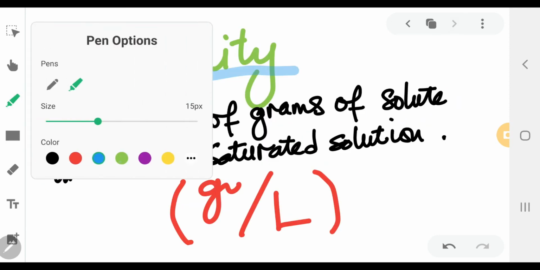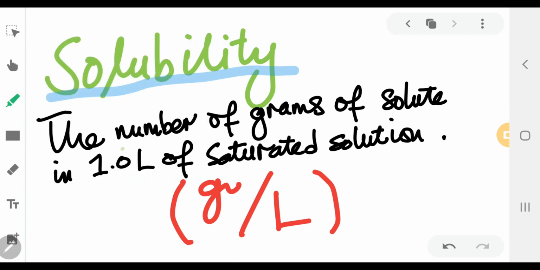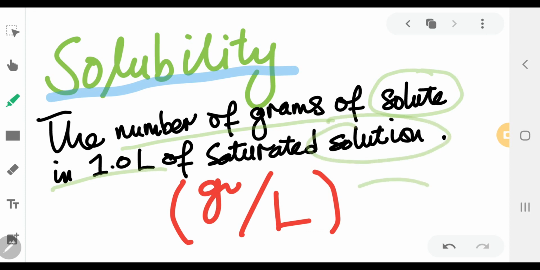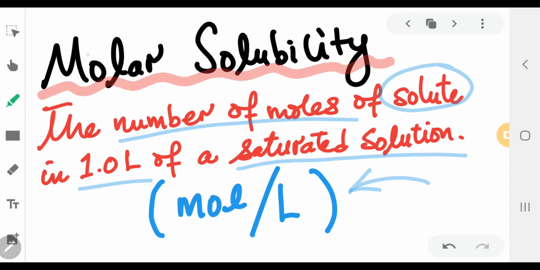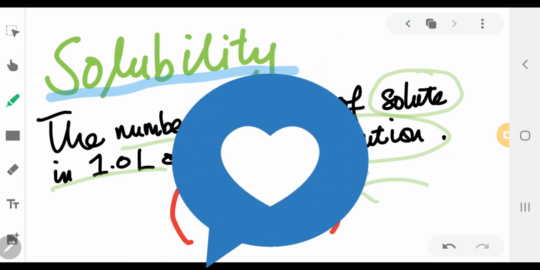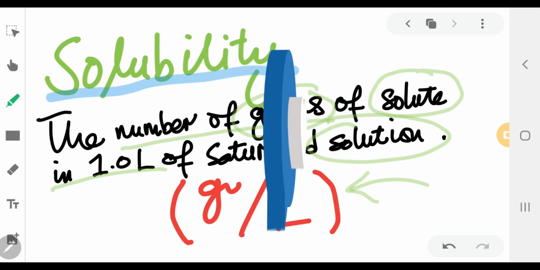Whereas solubility is the number of grams of solute, the solute being the salt, in 1 liter of the saturated solution. So the units are written as gram per liter. That is the difference between solubility and molar solubility. You have the word molar over here, therefore mole per liter. For solubility, it will be in terms of grams per liter.